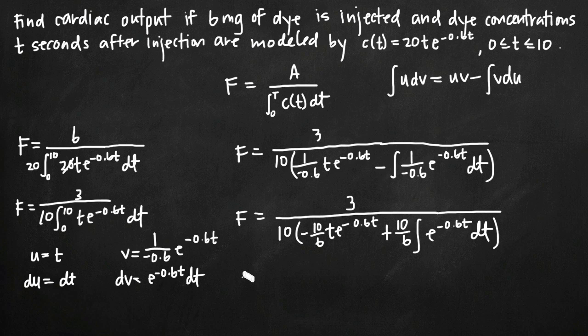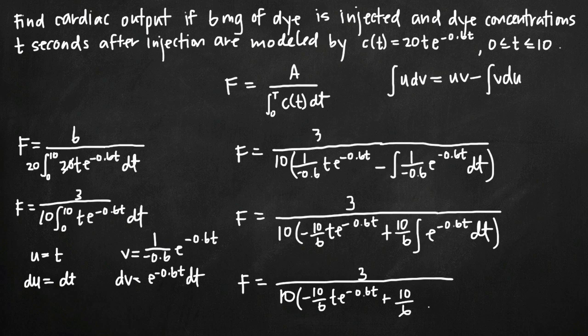Now we can go ahead and evaluate the integral. So we'll get 3 over 10, and the integral here will be 1 divided by negative 0.6 in the front, which is 1 divided by negative 6/10, the same as negative 10/6. So we'll get negative 10/6 e to the negative 0.6 t.